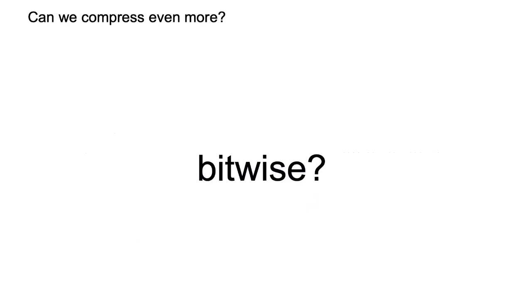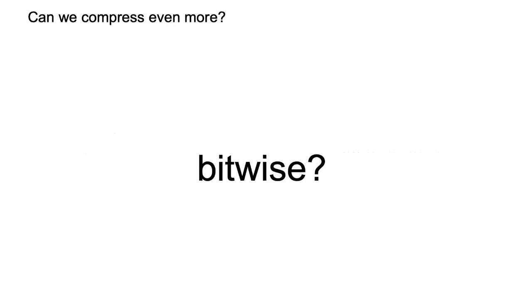So can we do even better than that? Because 50% is maybe not that great, or you could argue it's not that great. Well, what is better than that? We had variable byte encoding, but we still had these groups of bytes. It means that if you take the 8-bit version, you still need 8 bits to encode the smallest gaps, right? 1, 2, you still need 8 bits for this.